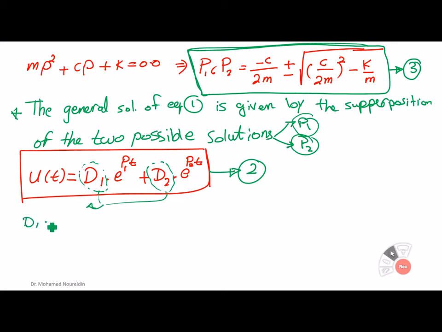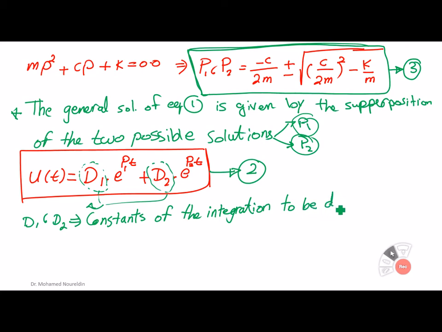So we can say that d1 and d2 are constants of the integration to be determined from the initial conditions.